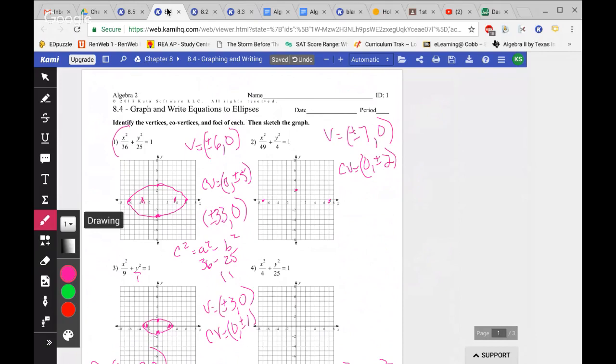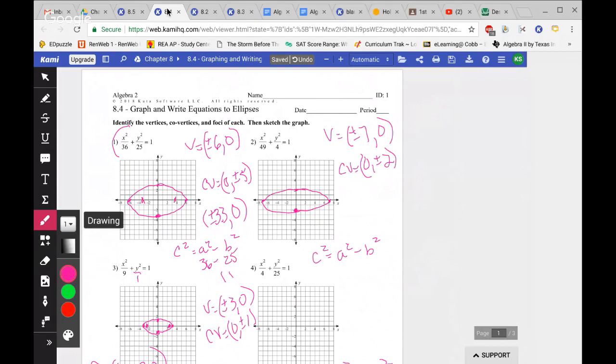So my foci are going to fall on my major axis, which is what? X. Right. And I find my foci on an ellipse by the somewhat Pythagorean theorem, but not really, equation.